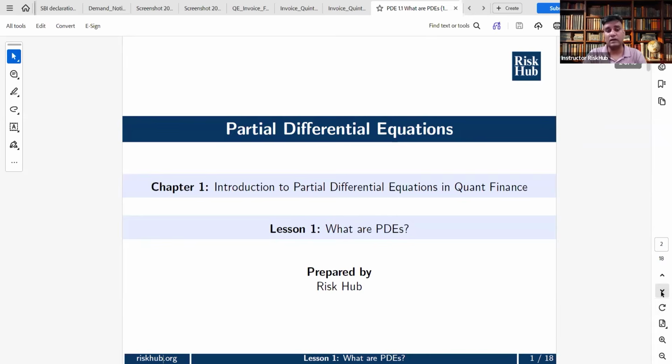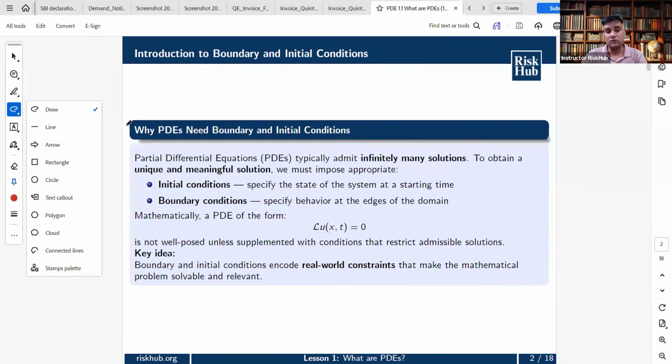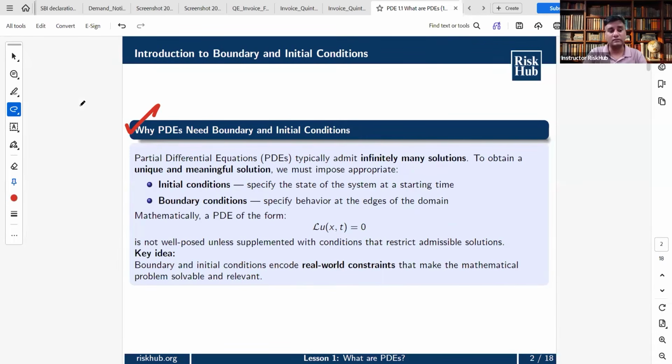Now we go to the next part. We'll try to understand why partial differential equations need boundary and initial conditions, right? So the point here is that partial differential equations typically admit infinitely many solutions.